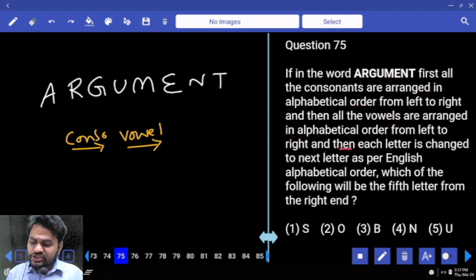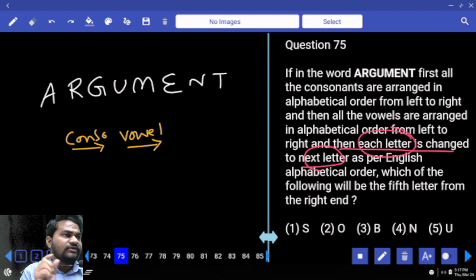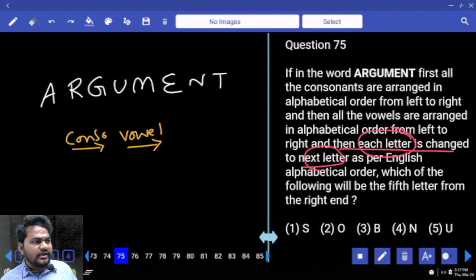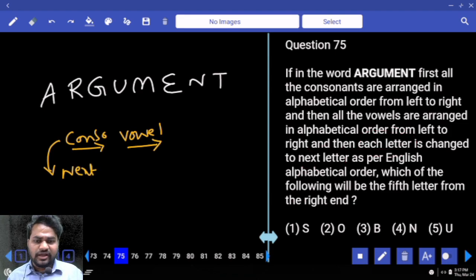Then each letter is changed to the next letter. Each letter, whether it is a vowel or a consonant, we need to change to its next letter. Every letter has to be changed to the next letter as per the English alphabetical order.